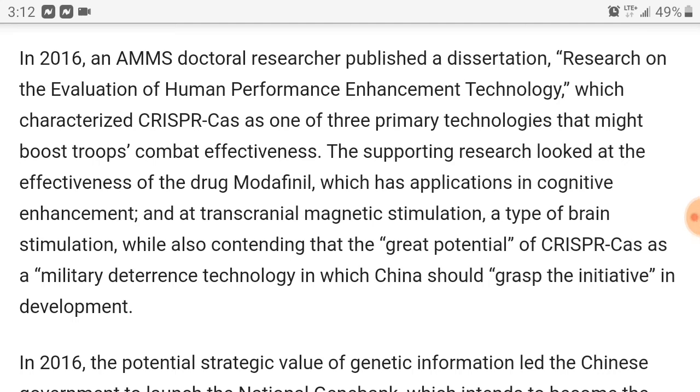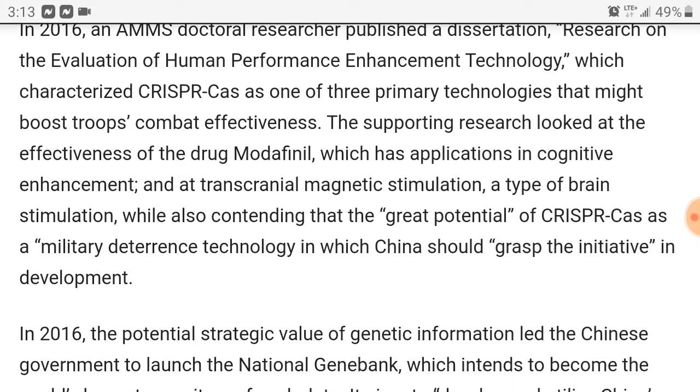So in 2016, a researcher published a dissertation on the evaluation of human performance enhancement technology. So they are doing research on human performance enhancement with technology. Basically, transcendence, merging us with the AI, trying to get us better at performing and doing whatever. Basically, Iron Man, if you want to look at it that way.